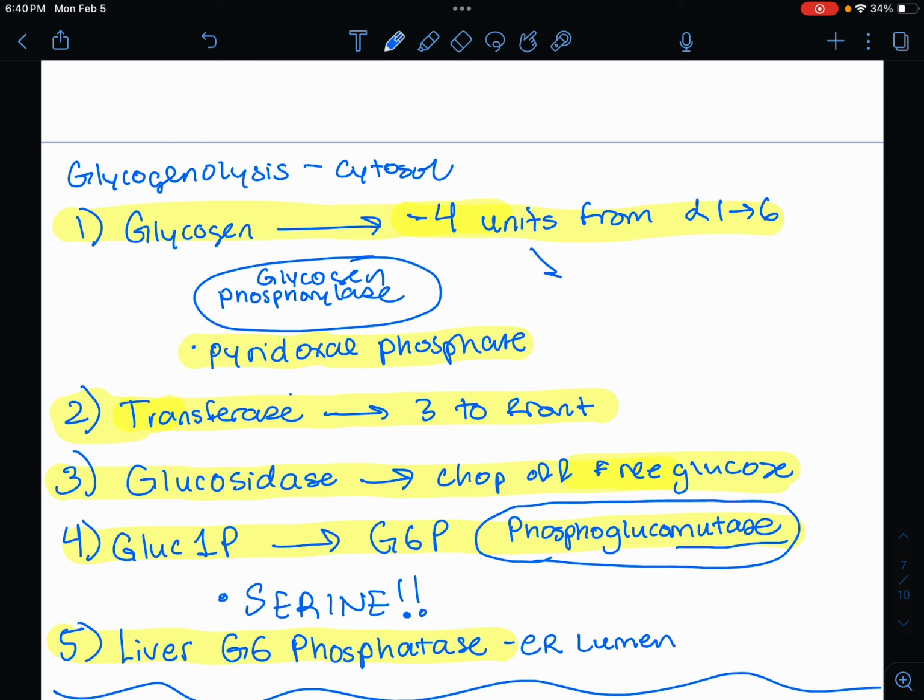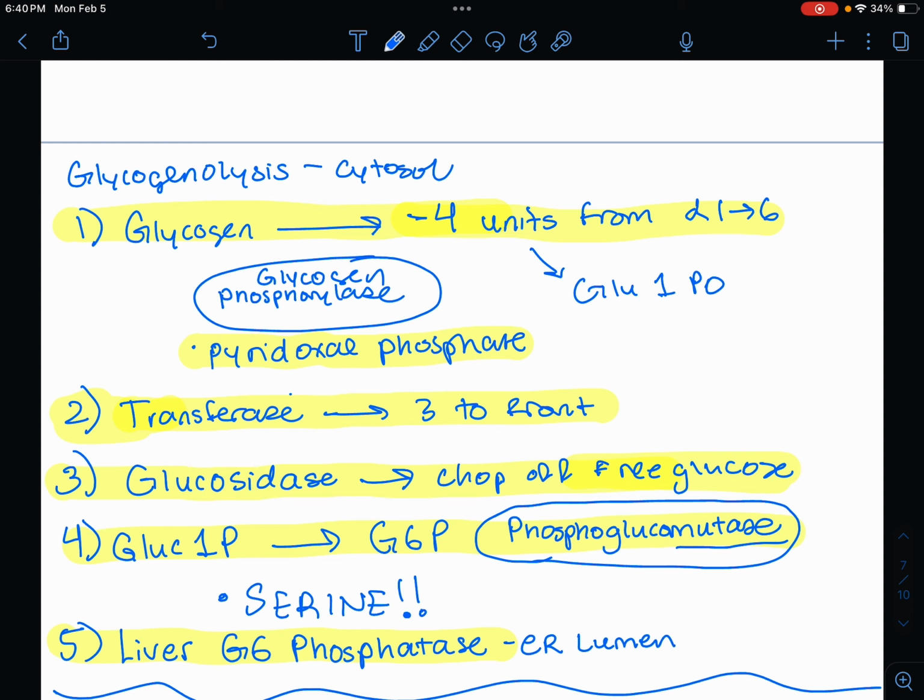Whenever we cleave those non-reducing ends off until we get to 4 away from that linkage, these are going to form free glucose 1-phosphate molecules. And the enzyme that we're going to be using is glycogen phosphorylase for cleaving those alpha 1,4 linkages until we are 4 units away from alpha 1,6, that branch.